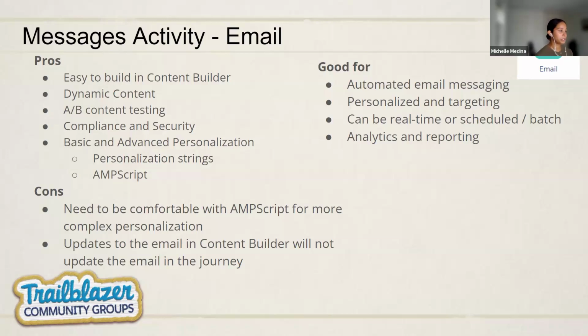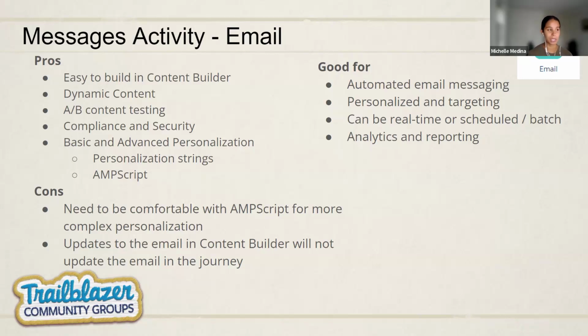Some of the considerations: for more complex personalization that you build within an email, you do need to be comfortable with AMPscript. And then also any updates to an email that you're doing in Content Builder don't directly translate into the journey activity. So you would have to pause, come back in, update it, then restart the journey.